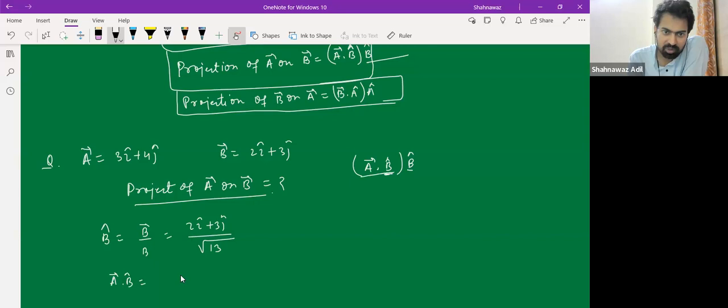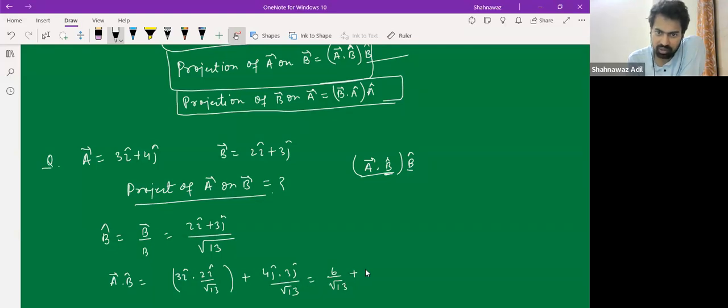A dot B hat would be 3i dot 2i by root 13, and 4j dot 3j by root 13. This would be 6 by root 13 plus 12 by root 13, which gives us 18 by root 13.